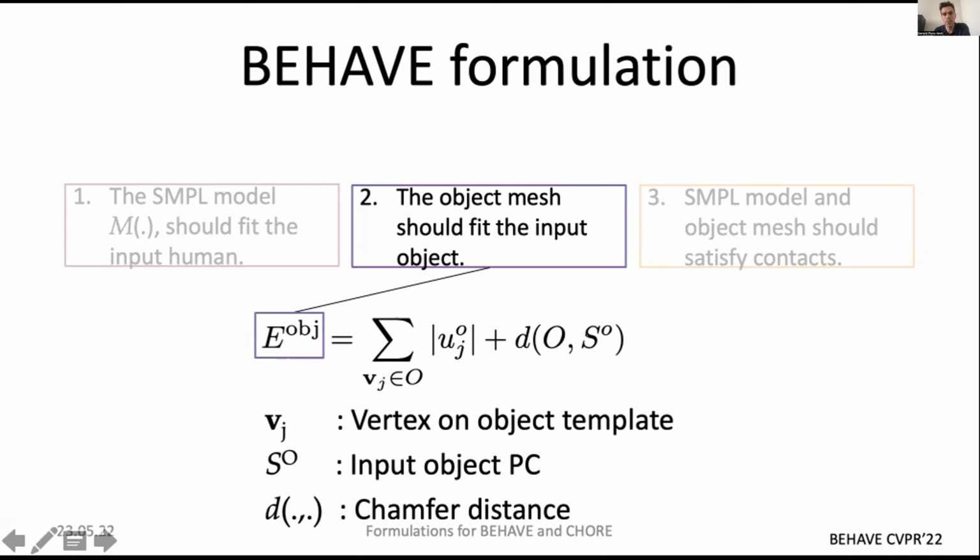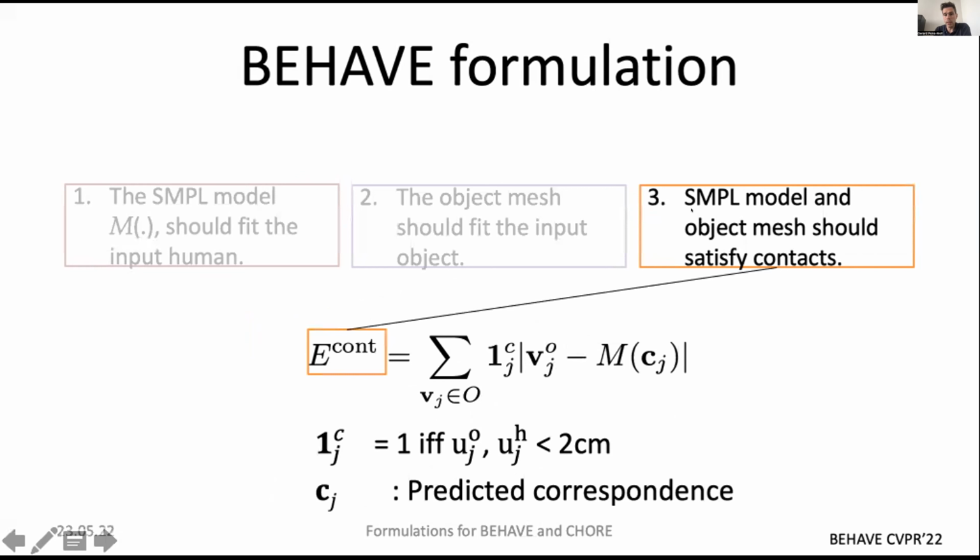I was mentioning before that it's very important to model contacts when you're dealing with human object interactions. And that's why we have a term that is specific for the contacts here. So basically we have an indicator function denoted as 1Cj, which takes value 1 when the distance field for the object and the human are less than 2 centimeters at the same time.